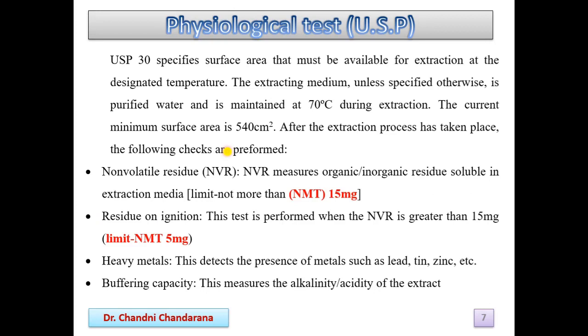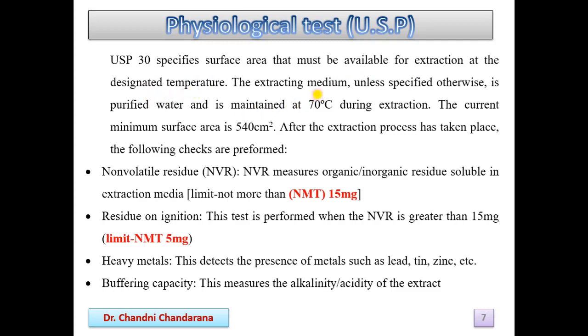The next and very important test is the physiological test, and it is given as per United States Pharmacopoeia. As we have seen in the previous test, for plastic containers we have to make an extract, so here also we have to make an extract. USP 30 specifies the surface area that must be available for extraction at a designated temperature.